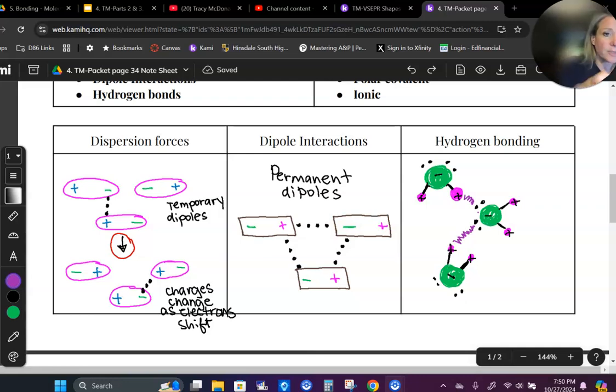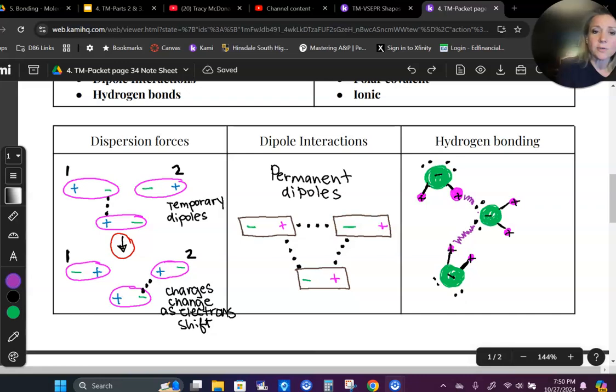So, for instance, this is temporary dipole number 1, and this is temporary dipole number 1. You can see that the charges changed sides because the electrons have shifted.